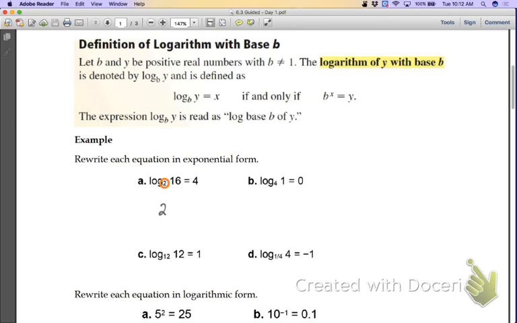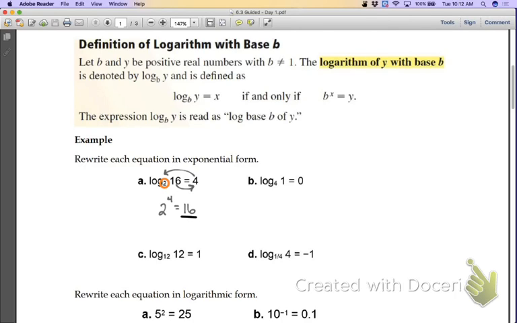Everything else is going to change sides. The 4 becomes my exponent. The 16 becomes my answer. What is 2 to the 4th? What's 2 times itself 4 times? 16.